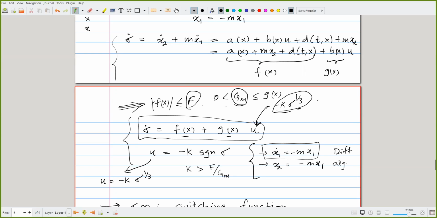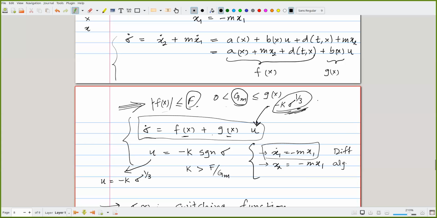Even near origin, fx is allowed to take the value capital F, and still you have finite time convergence on sigma. But if you use this kind of control, you will have to put an assumption on fx such that it becomes less as you go near origin. Then you can prove the finite time convergence of sigma.